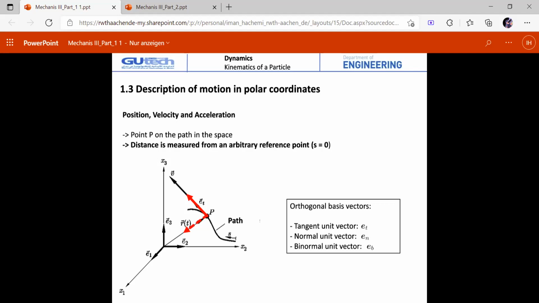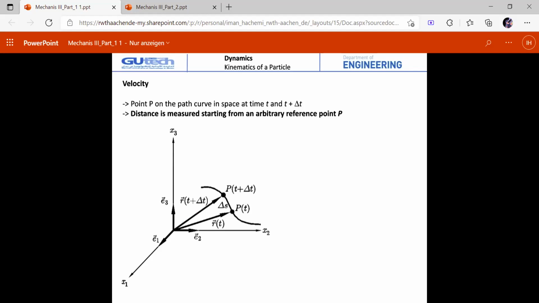Then, if we look at the motion of this particle with respect to time, in space, at time t and t plus delta t, the particle P at position t moves to the position at t plus delta t.